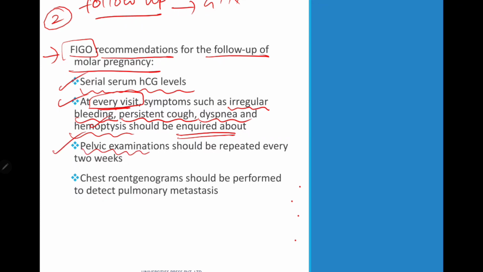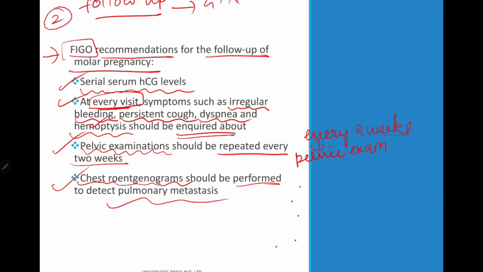Pelvic examinations should be repeated every 2 weeks while doing follow-up. Chest roentgenograms, like chest x-rays, should be performed to detect pulmonary metastasis.